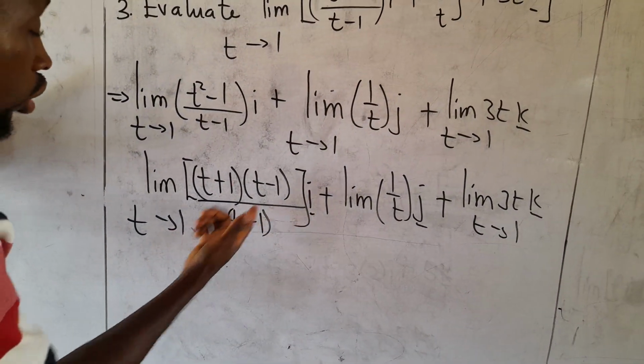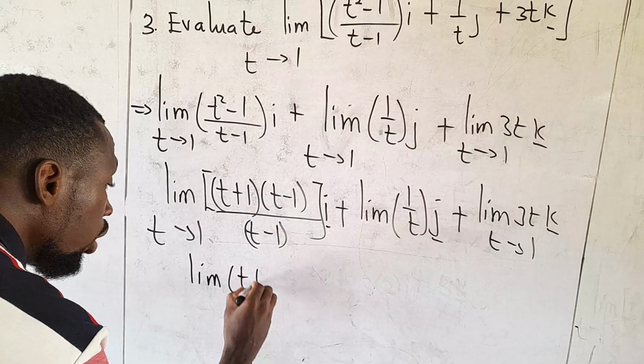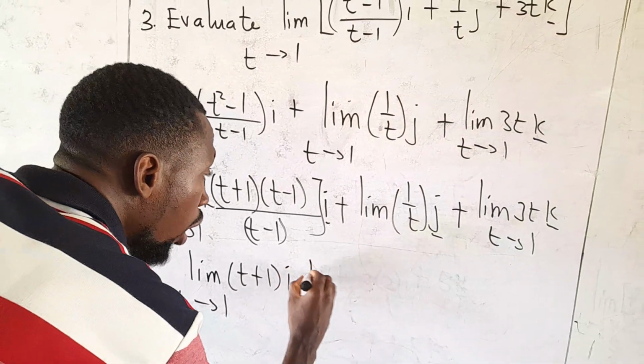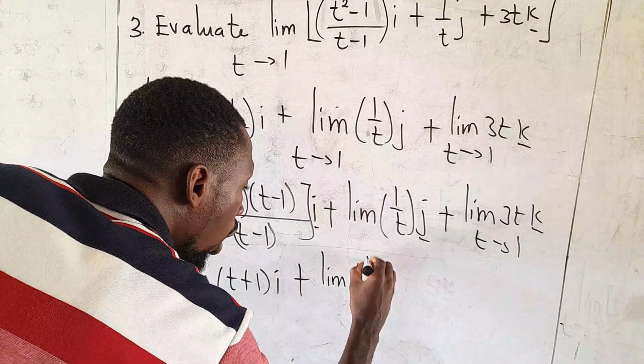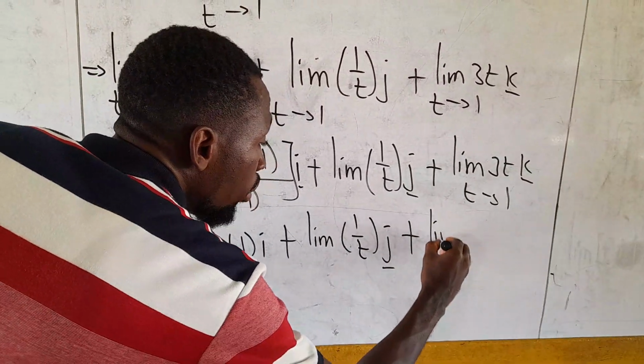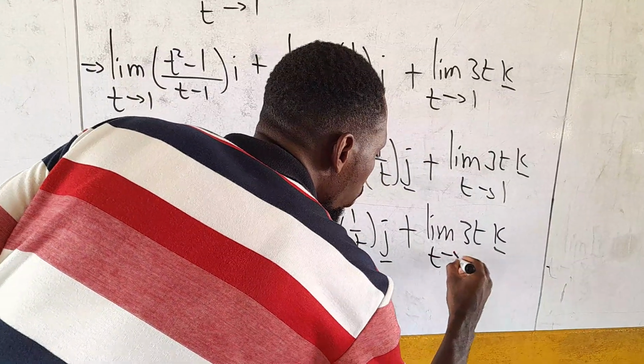So you can see that this will cancel. What is here? You have the limit of t plus 1 as t approaches 1 in the direction of i, plus the limit of 1 over t in the direction of j, plus the limit of 3t in the direction of k as t approaches 1.